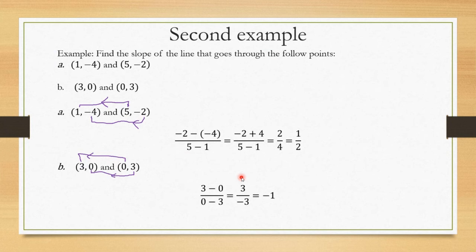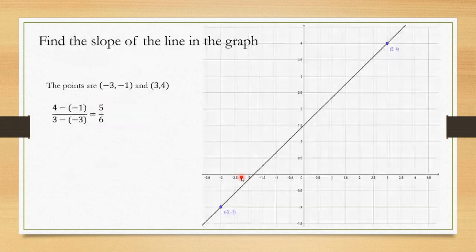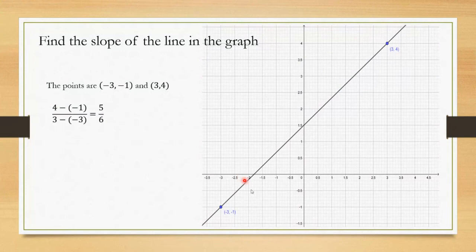Okay, let's do one involving a graph. Let's find the slope of this line. Here, you can really use any 2 points you want, but you could probably guess that I'm going to use the 2 points here that are labeled: 3, 4, and negative 3, negative 1. Now, what am I going to do?